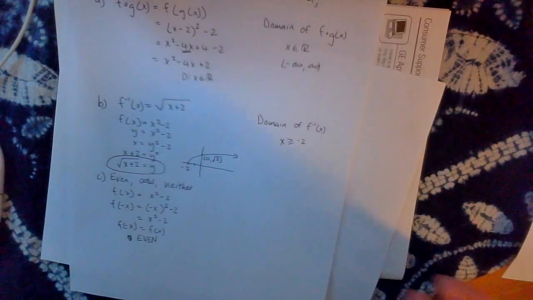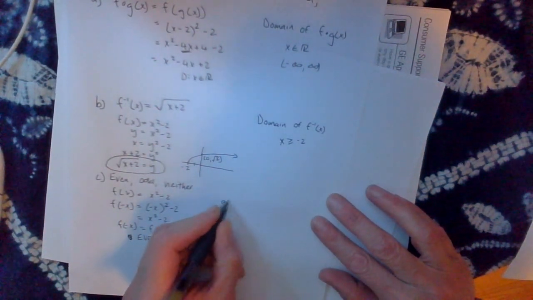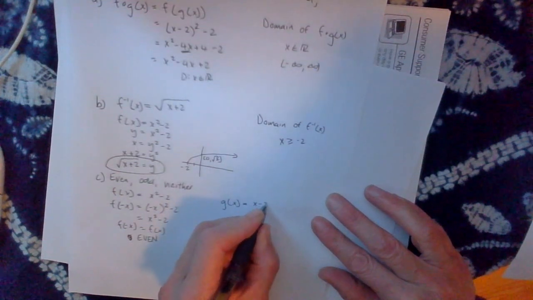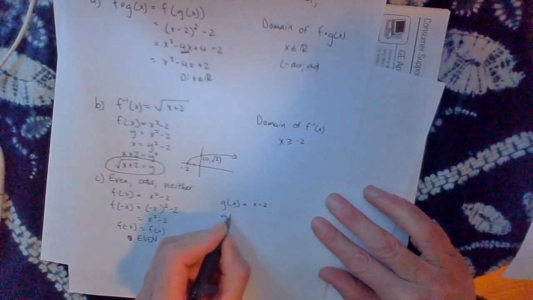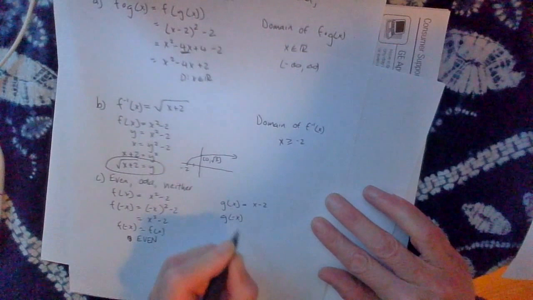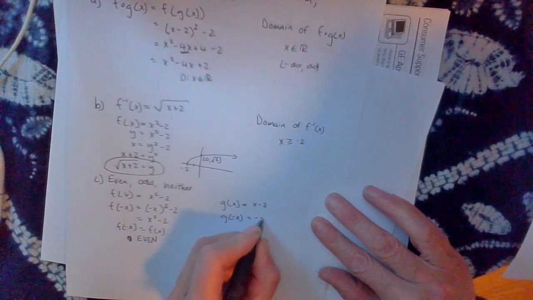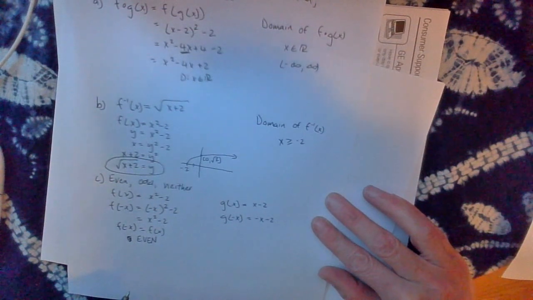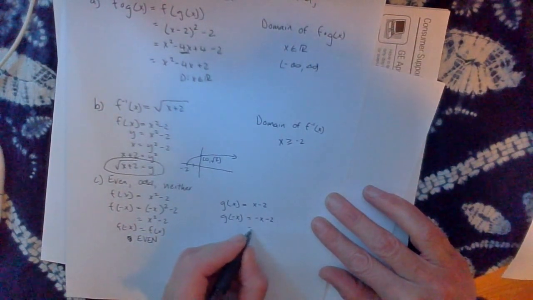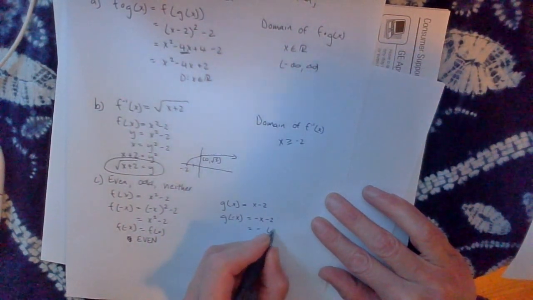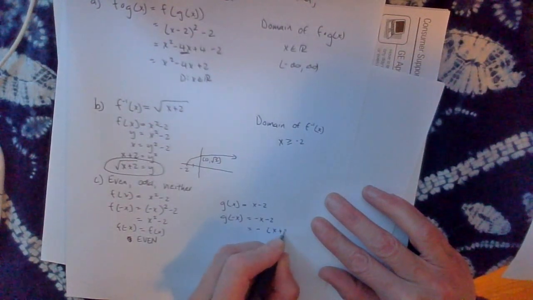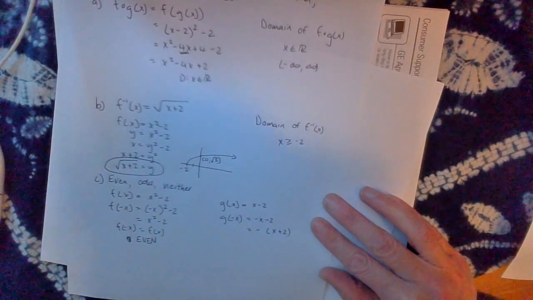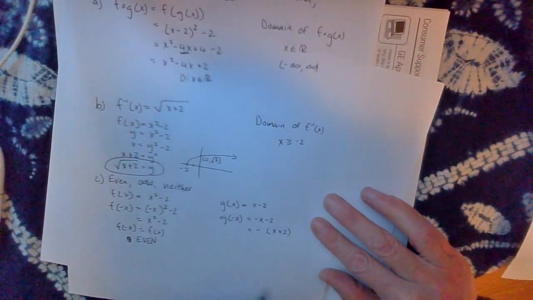All right, let's take a look at g of x, which is x minus 2, and do our even-odd analysis. So I substitute negative x for x, and I get negative x minus 2. So that's the negative of x plus 2. That's not equal to g of x, and that's not equal to the opposite of g of x.